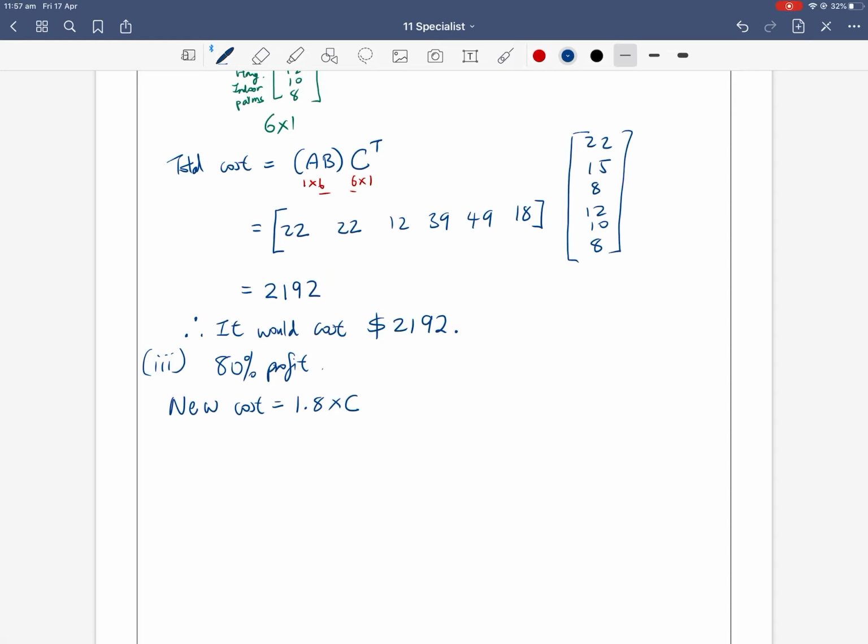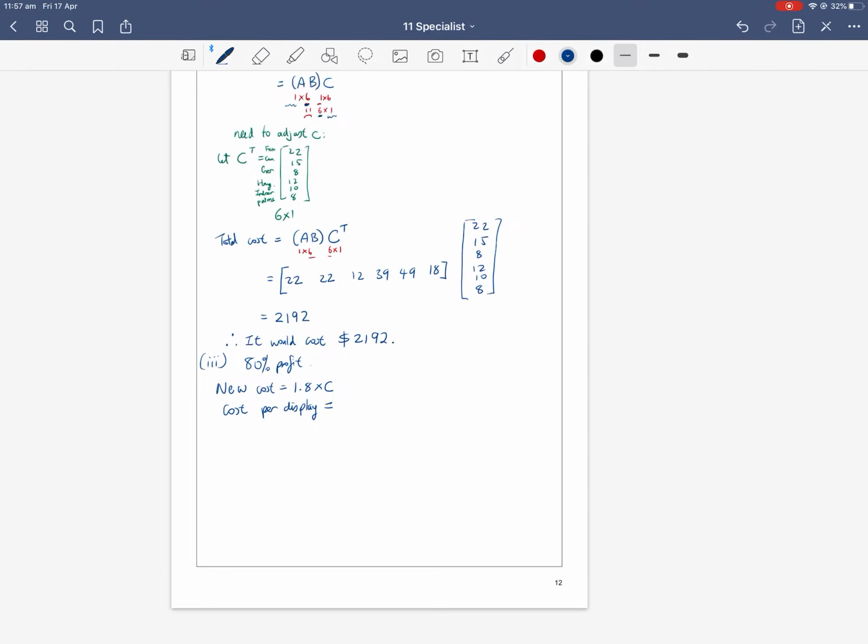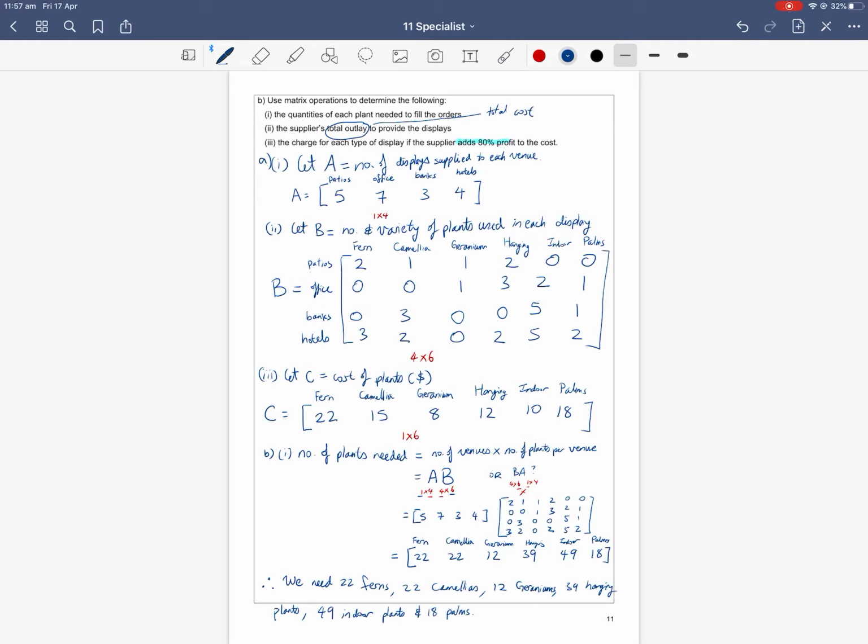So we're trying to work out the cost per display, okay? So we're not working out the total cost of every single display combined. We're just trying to work out the cost per display. So if you're going back to the matrices defined, A really is useless to us right now because we're not trying to find the total cost of all 5 patios. All we're really caring about is how much it would cost for one patio. And one patio needs 2 ferns, 1 camellia, 1 geranium, 2 hanging plants.